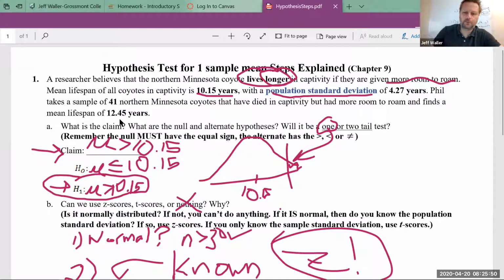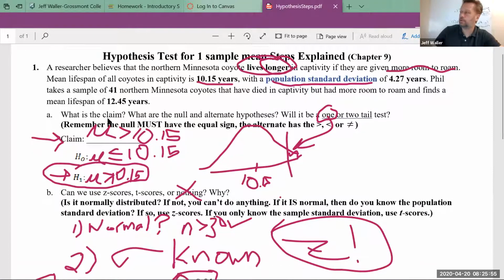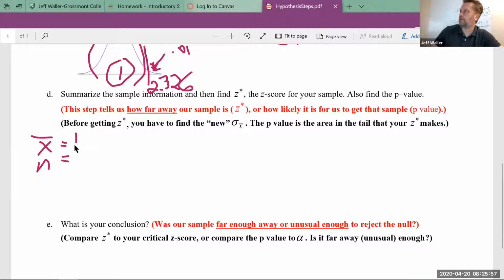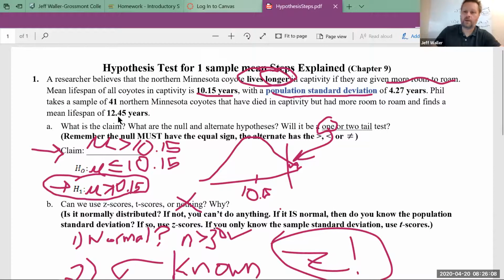How did I know that was the sample mean? Because they say they took a sample and they found that. So the sample mean is 12.45. Now look, isn't 12.45 more than 10.15? Isn't it? Yeah. So why don't we just stop there? This dude took a sample of 41 and got more than 10.15.